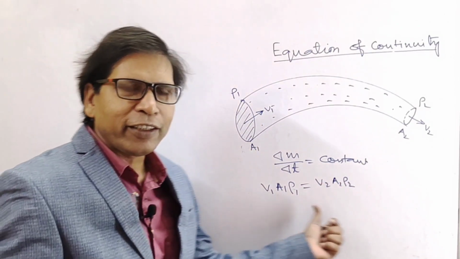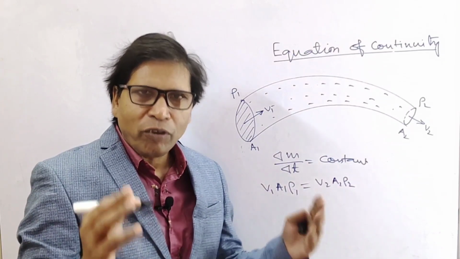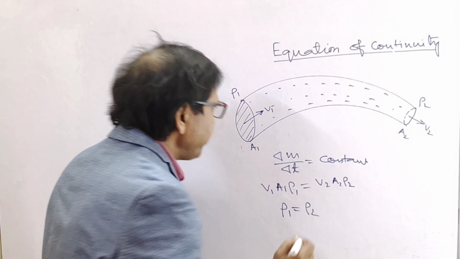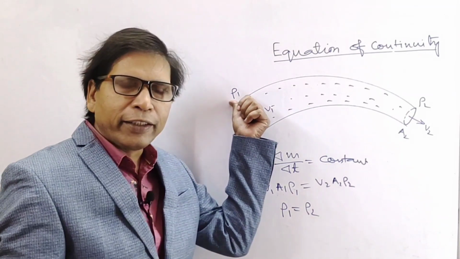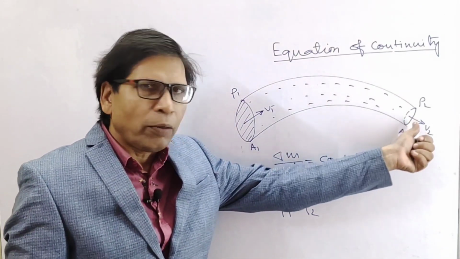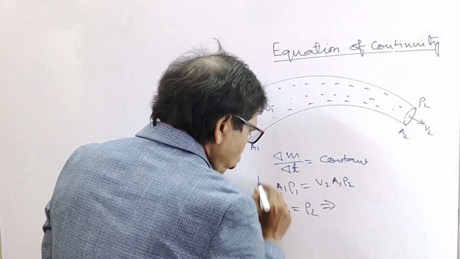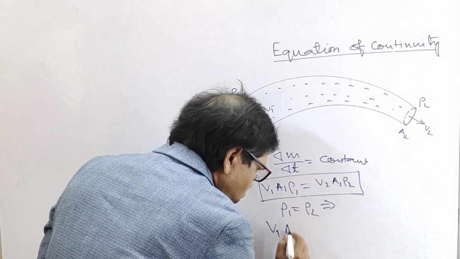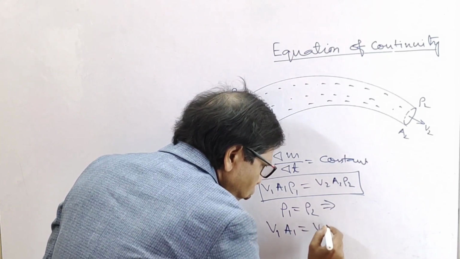This is the equation of continuity. For a liquid, ρ1 equals ρ2, that is, the density of liquid at this point is equal to the density of liquid at this point. So from this equation we can write v1 A1 equals v2 A2.